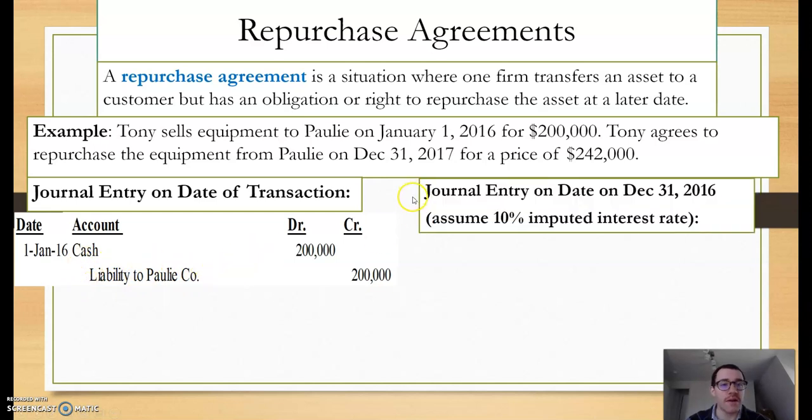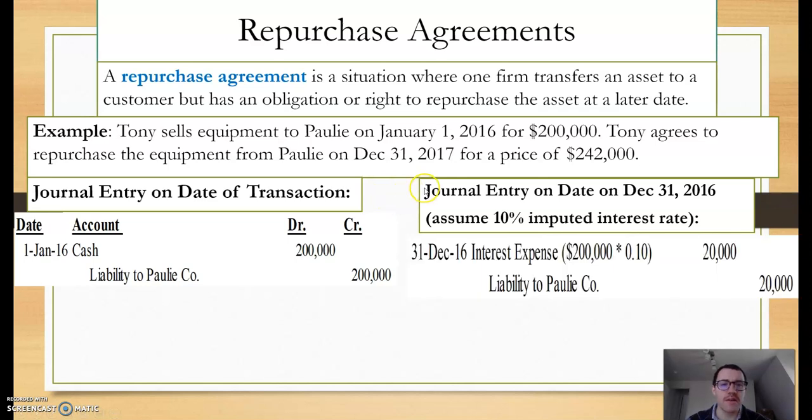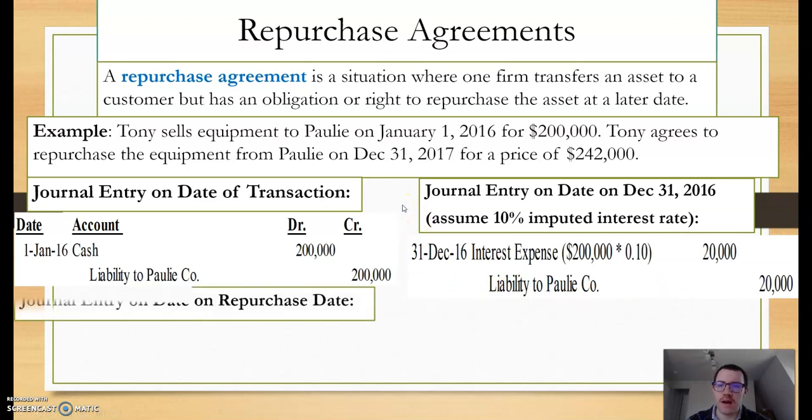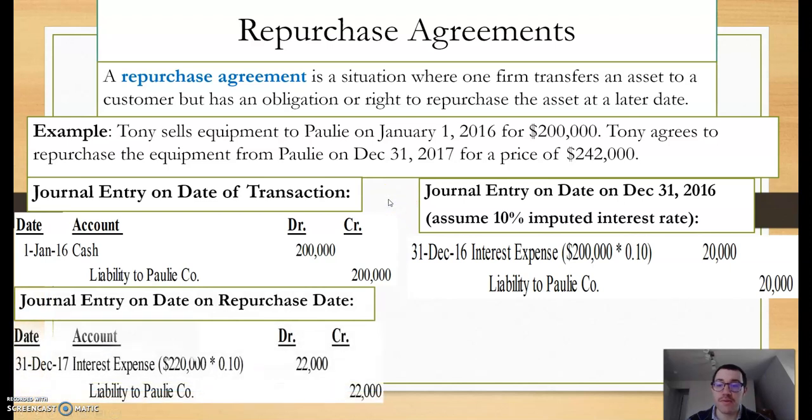And then at the end of the first year, we're going to assume a 10% imputed interest rate, and you'll see why that is later. Essentially, you have an interest expense and an additional liability to Poly Company. And then on the repurchase date, you're going to accrue 10% more interest on the new principal.